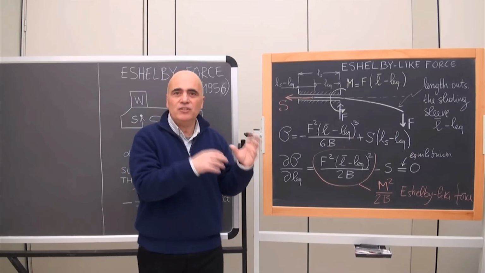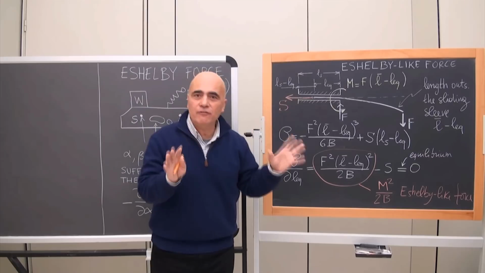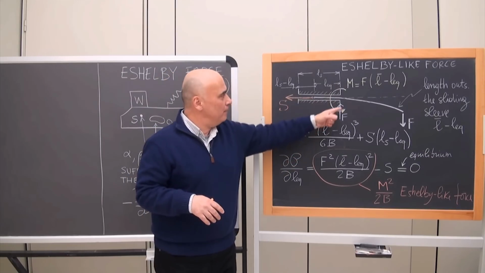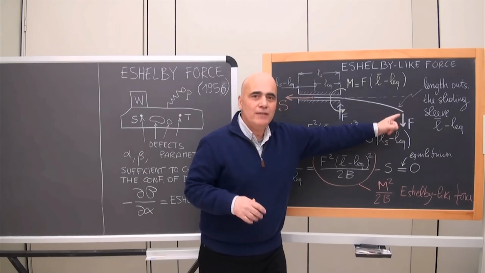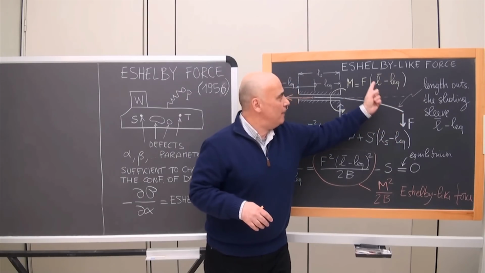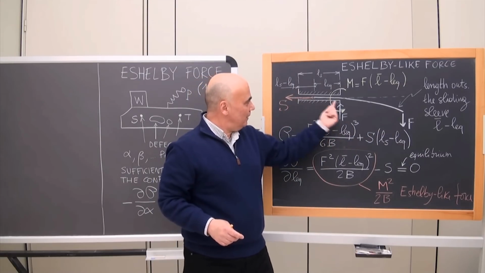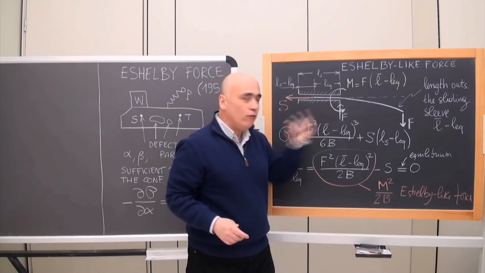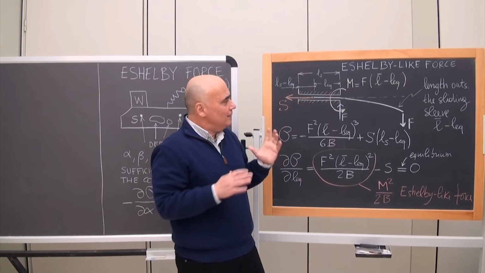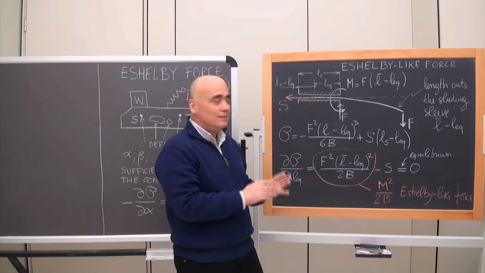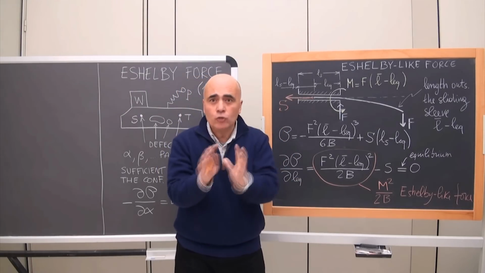A sliding sleeve is a clamp in which the elastic rod can freely slide without any friction, and so this clamp can provide a bending moment, which is the transversal force applied to the edge of the beam, F, times the arm, L bar minus LEQ, and also the constraint provides transversal force F. We have added a horizontal force S, and it is expected at first glance that at equilibrium this force has to be zero. But things don't go in this way.